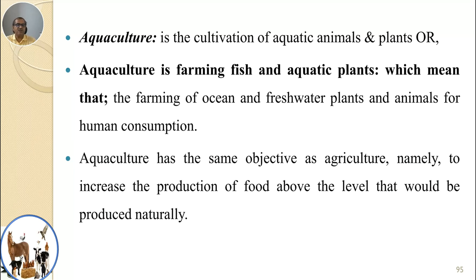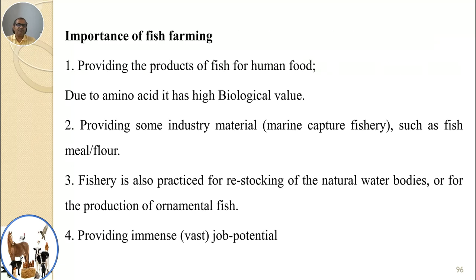Aquaculture has the same objectives as agriculture, namely to increase food production above the level that would be produced naturally, because especially in the sea, the fish will be there without any single paisa of investment. They grow naturally, and humans catch the fish and use them as one of the cheapest sources of protein.